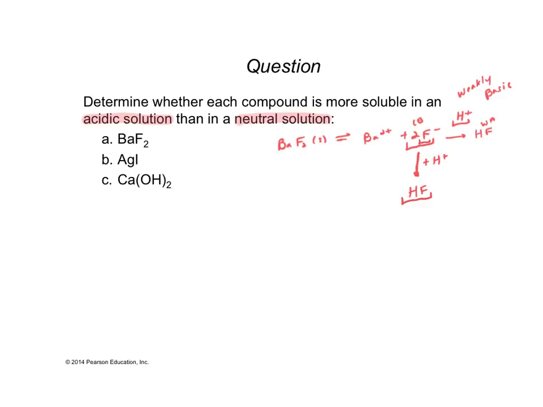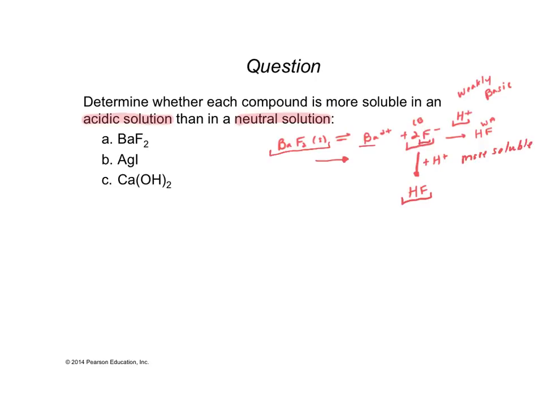If we are removing something, going back to Le Chatelier's principle, then this reaction is going to want to shift in a way to replace what it's losing in that process. And so by doing that, we are going to essentially dissolve more of our barium fluoride solid into barium ions and fluoride ions. So what that means in terms of solubility is that this would be more soluble.